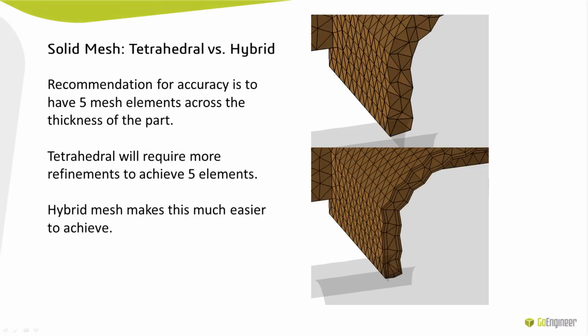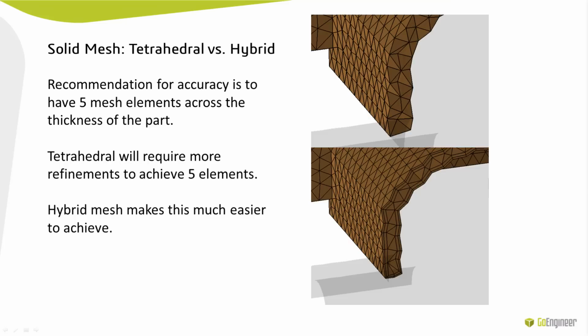So when we look at a solid mesh, we have options for tetrahedral versus hybrid mesh. The hybrid mesh is something really nice that SOLIDWORKS Plastics has in it, because to get a good, accurate result out of the plastic simulation, SOLIDWORKS recommends that we have 5 mesh elements across the thickness of our part. If we're meshing with a tetrahedral mesh, as in the picture at the top, we would have to make more refinements to the mesh elements to get enough nodes going across the thickness.